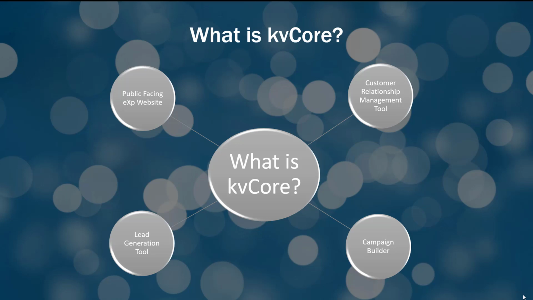And then finally, kvCore is a campaign builder, bringing some automation and organization to the process of relationship management to help take some of the heavy lifting out of this process.